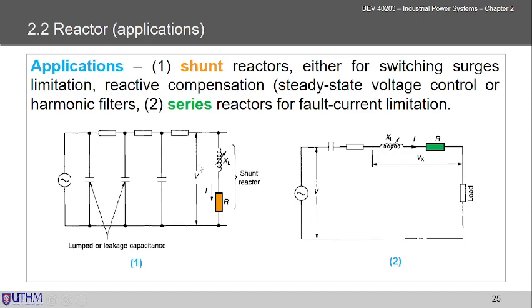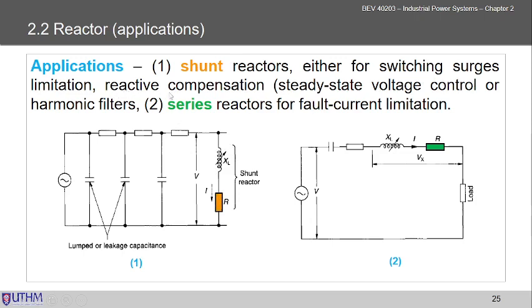For example, if you have a power factor corrector, it is always switching on and off, and during the switching there is a spike or surge. At these times we can install the shunt reactor in parallel like this one to absorb or minimize the surge.